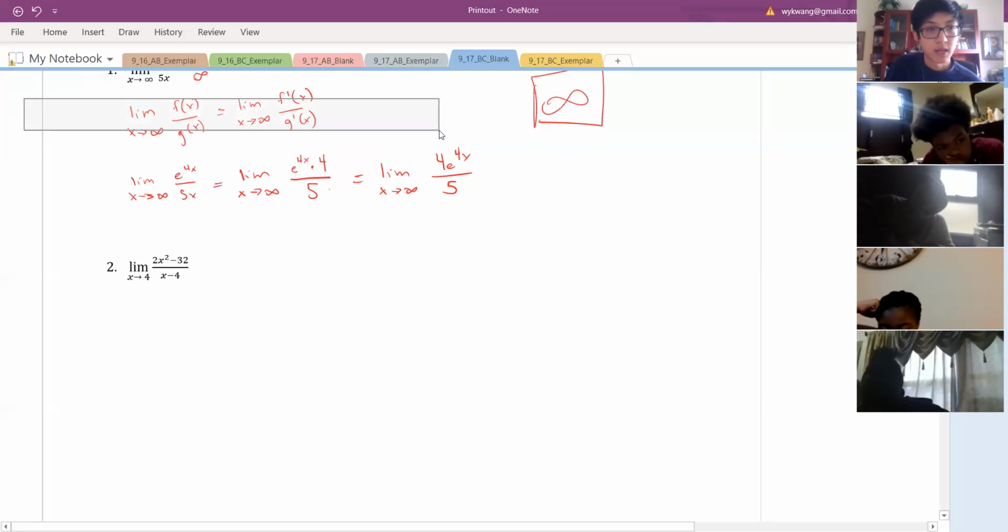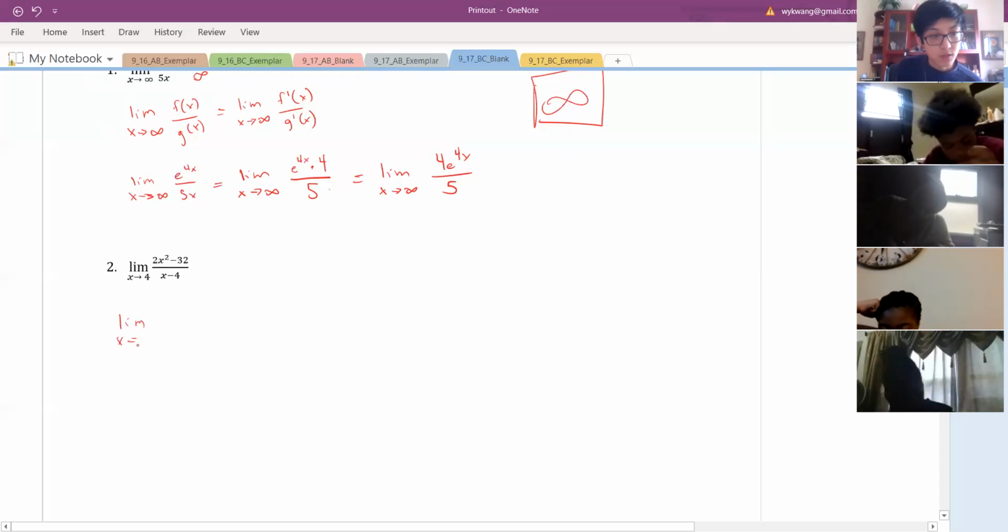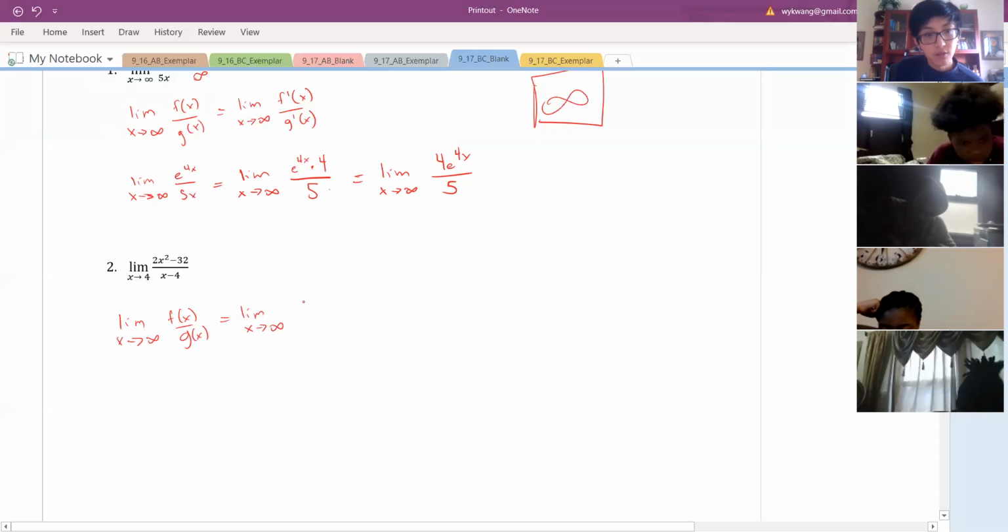I'm not sure if you guys can see me highlighting that, but we're taking a function, as x approaches infinity, f of x over g of x, and we know that it equals the limit as x approaches infinity of f prime of x over g prime of x. So we can just find the derivative of the numerator and denominator and then solve.